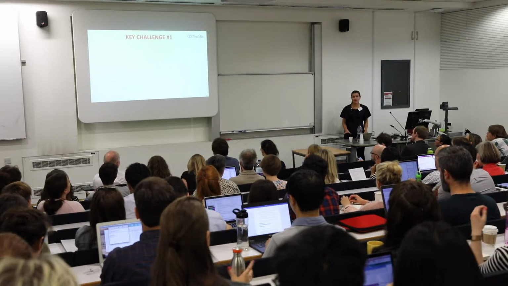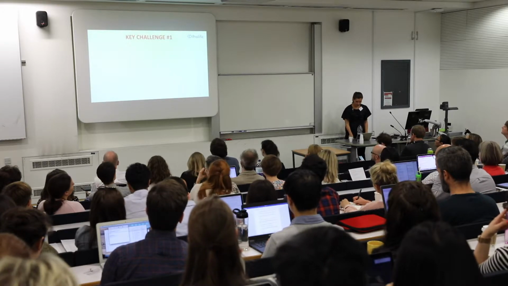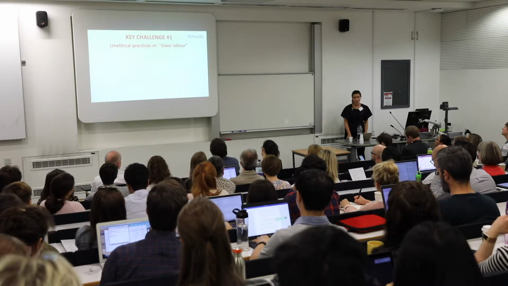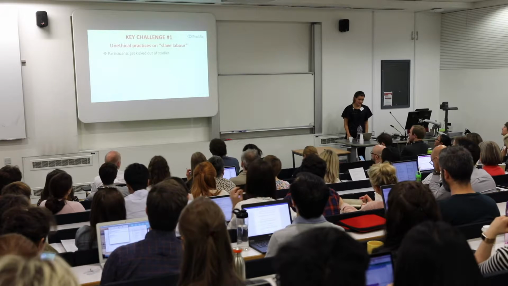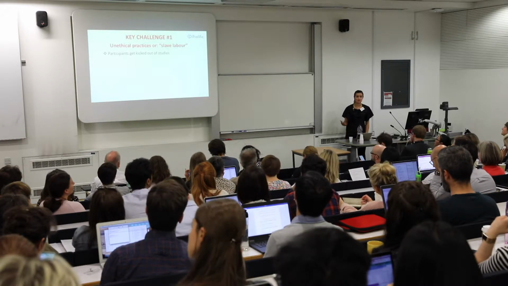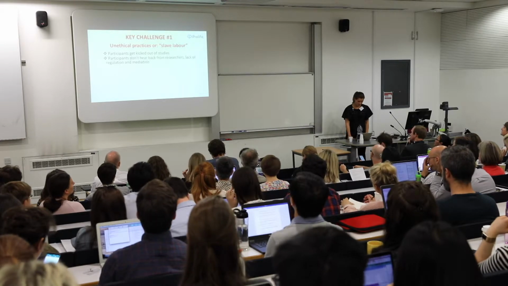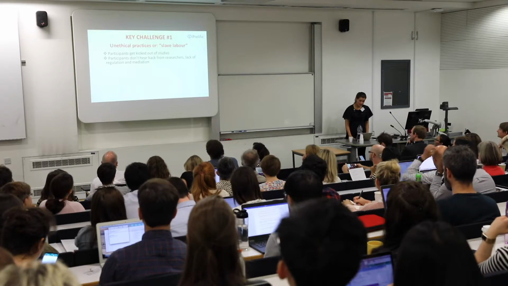There's so many challenges we could talk about, and I've decided to focus on 3 key challenges. The first one is what I'd call unethical practices or slave labor. In many platforms, participants get kicked out of studies without any compensation at all. Especially on mTurk, participants often don't hear back from researchers.